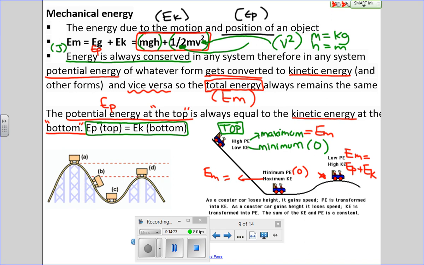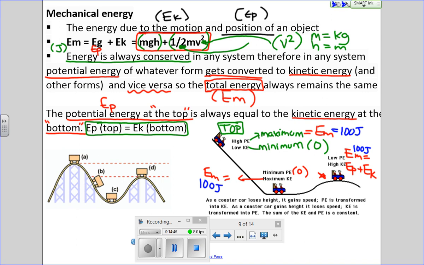So if I was to give a pretend imaginary number to all this, if my mechanical energy was 100 joules, it would be 100 joules here, 100 joules here, and 100 joules there. It would be the same value everywhere.